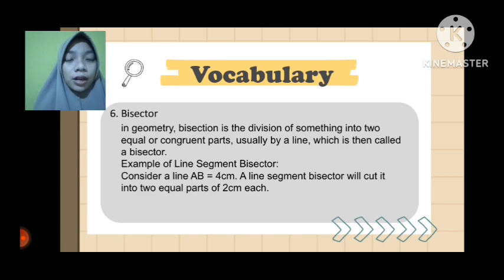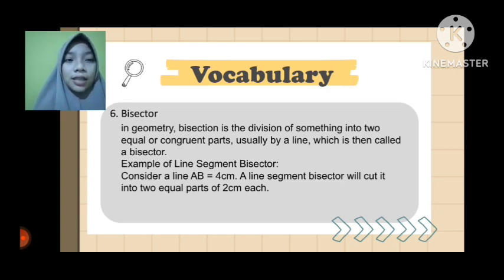6. Bisector. In geometry, bisection is the division of something into two equal or congruent parts, usually by a line, which is called a bisector. For example of a line segment bisector, consider line AB equals 4 cm.